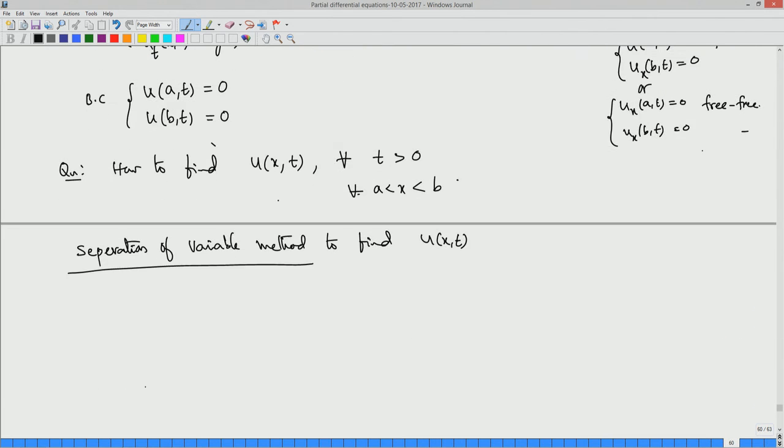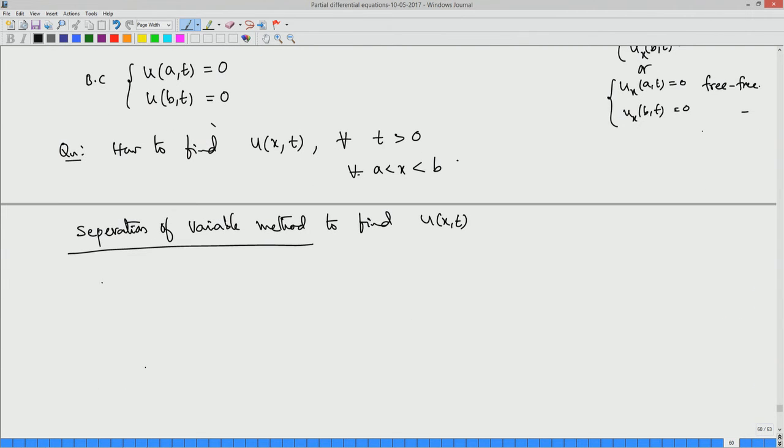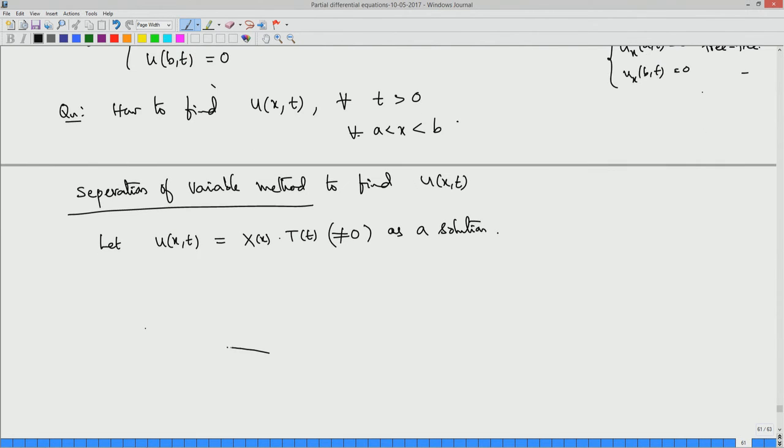So, you are looking for a non-zero solution. Let u of x, t be some X of x, separating these variables, X of x times T of t, which is non-zero, as a solution of the wave equation. You look for a solution in this form.